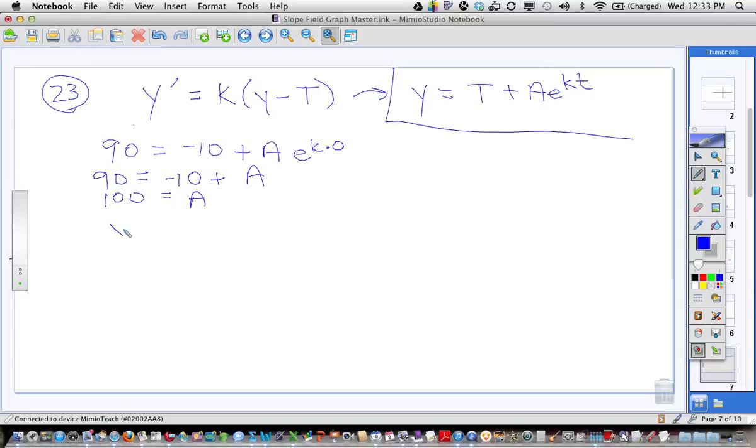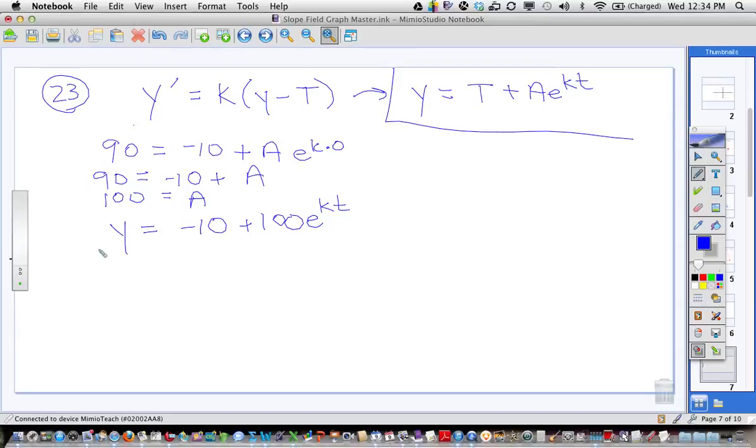Okay, so now what's best is to rewrite your equation. Okay, so it ends up being this. All right, now in the problem we did yesterday, and I think this happens to you on number 24, right? On 24, they didn't tell you the K value, right? They gave you the starting temperature, and then they said, okay, 2 minutes later, the temperature is this.